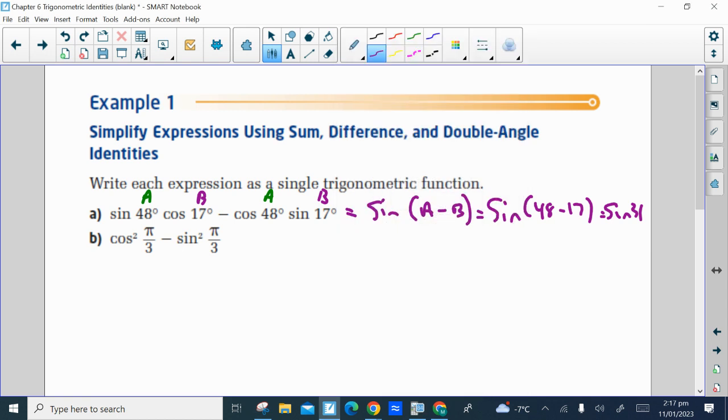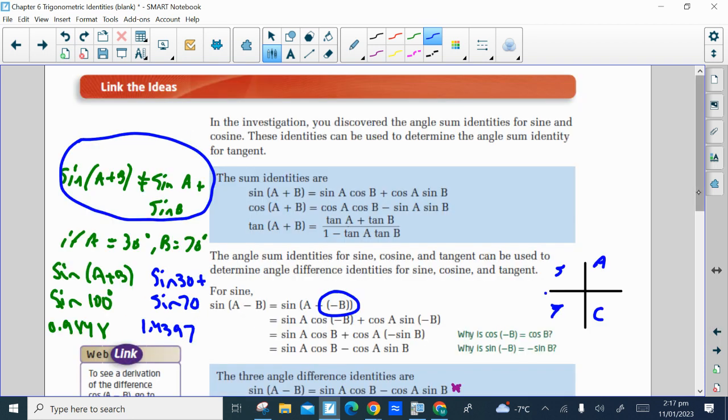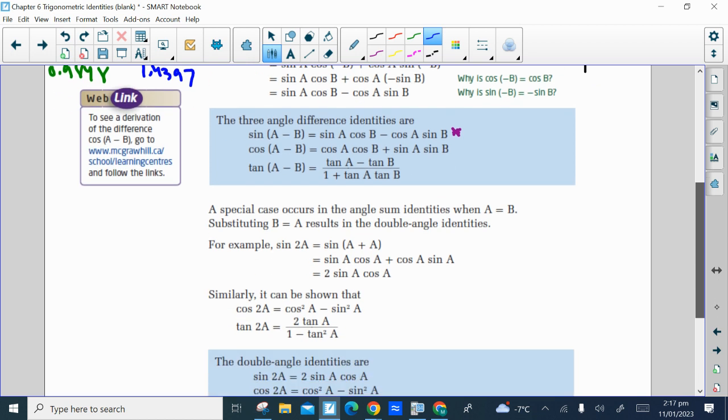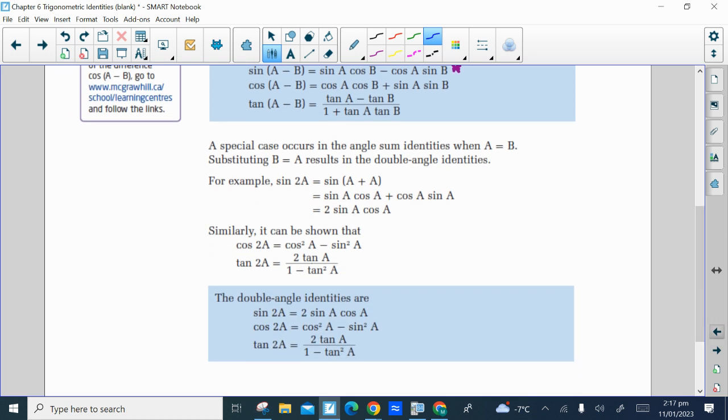For question B, you've got cos squared pi on 3, take away sine squared pi on 3. So again, we've got the same angle, pi on 3. If we originally say let it equal theta, this would be cos squared theta minus sine squared theta. And if we look at our identities, that's this double angle identity for cosine. That's cosine 2a. That's the pattern.